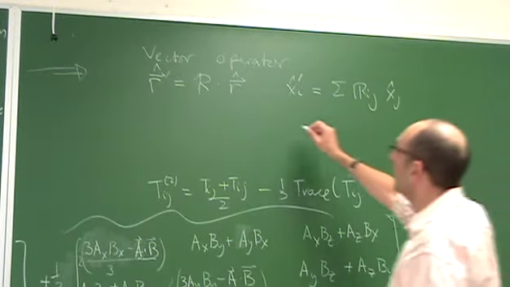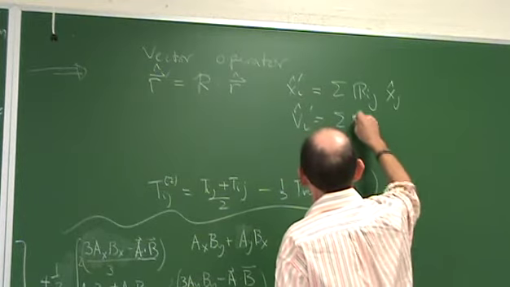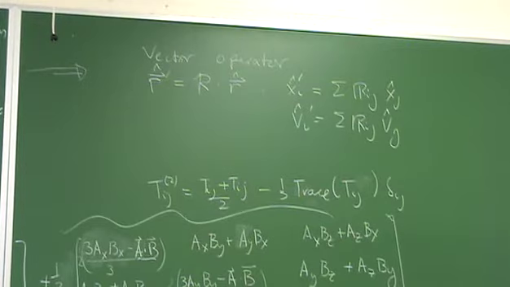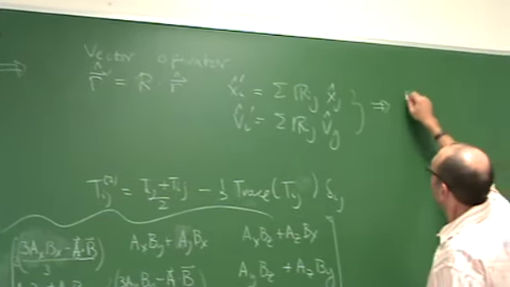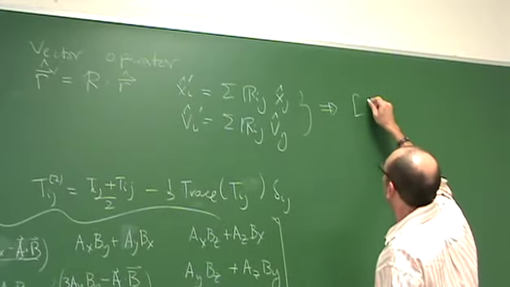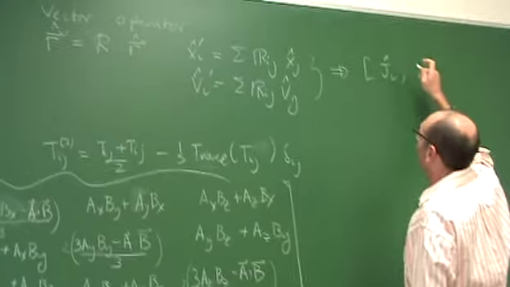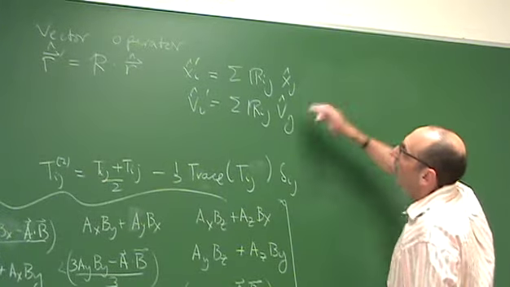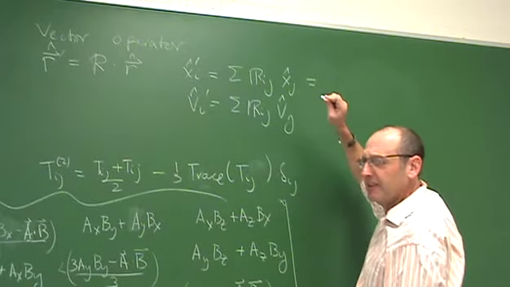And more generally, we had this expression. And then we said this is equivalent to saying that the vector operator, I should say that this rotation, of course, we know, and this is where it gets confusing.